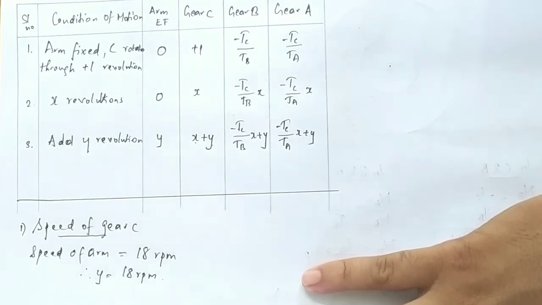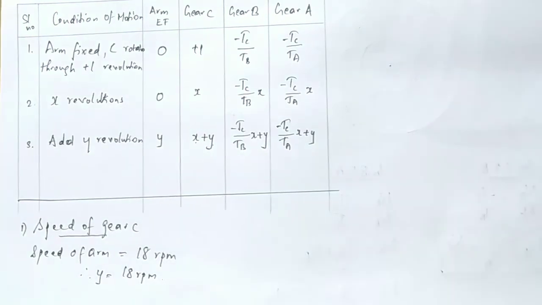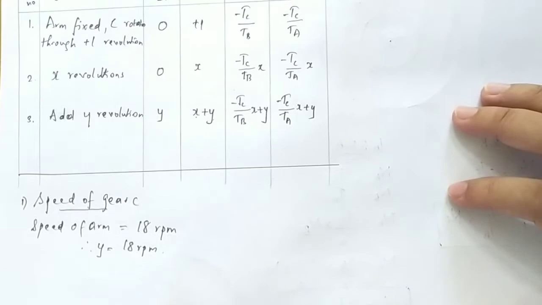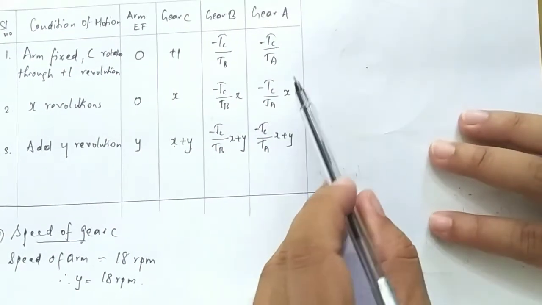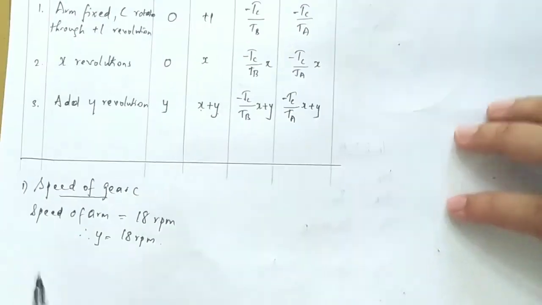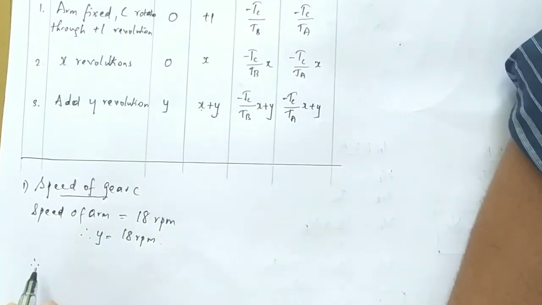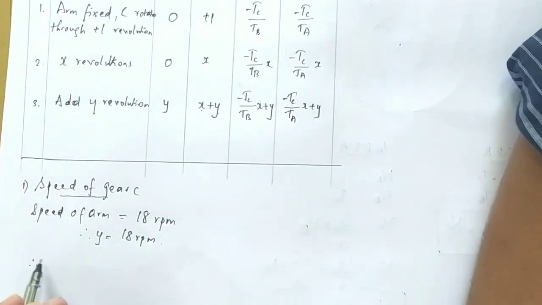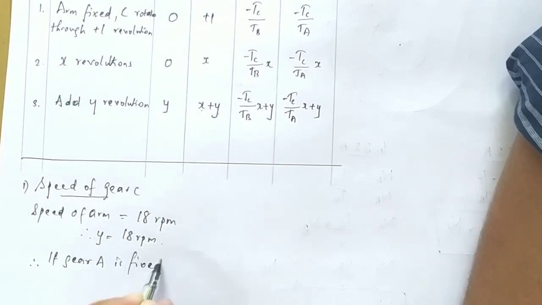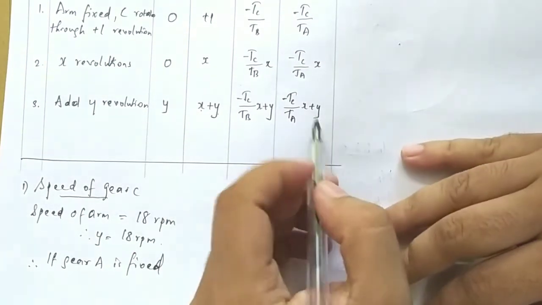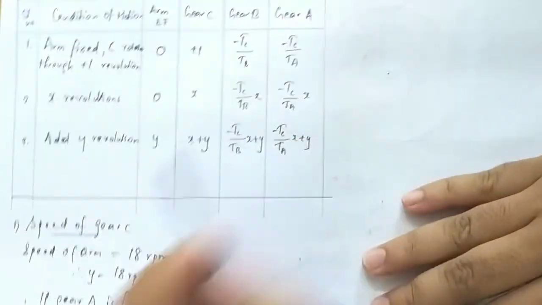Now they have given that gear A is fixed. So I will write that if gear A is fixed, then this quantity will become 0, because that is the speed of gear A.